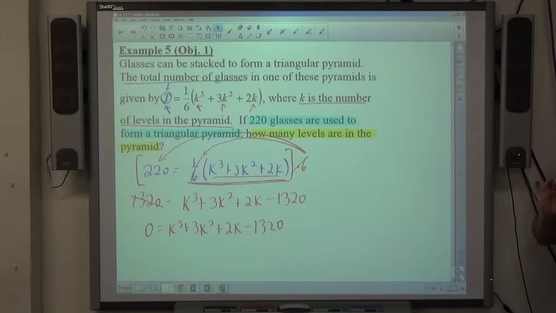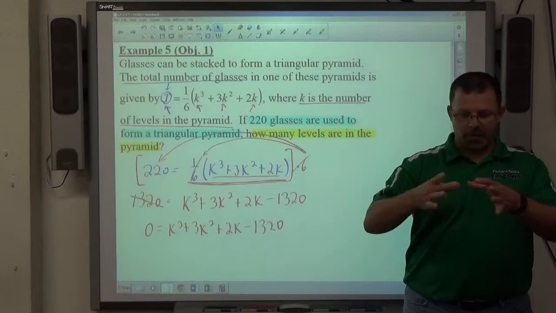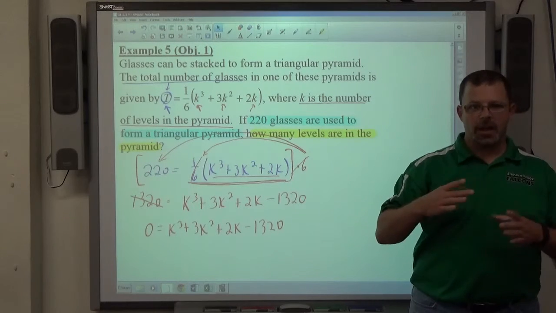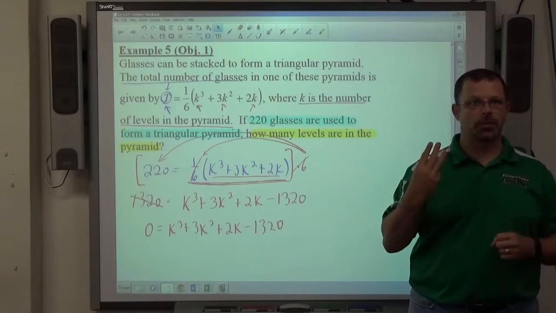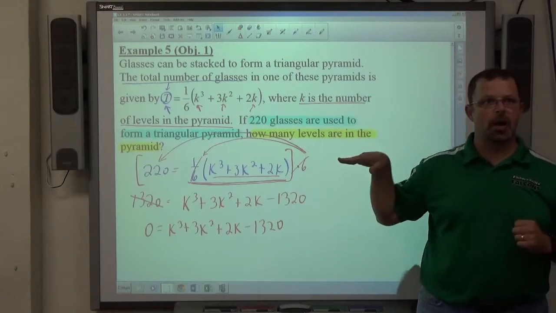We're looking for the number of levels in the pyramid. We have an exact number of glasses that has an exact number of levels. So one glass is one level. If you put 3 glasses down and 1 glass on top, that makes 4 glasses for 2 levels. If 6 glasses on the bottom, then 3 on top of that, 1 on top of that makes 10 glasses for 3 levels. T is always an integer, k is always an integer in this specific problem.